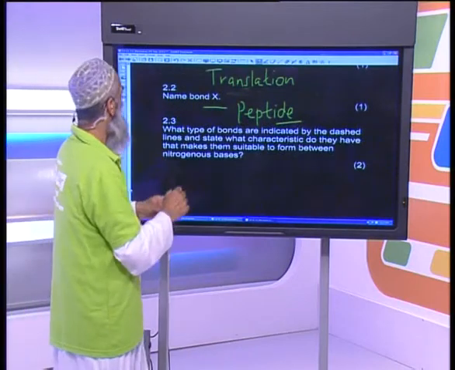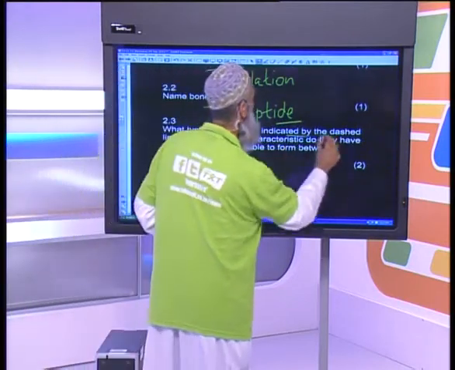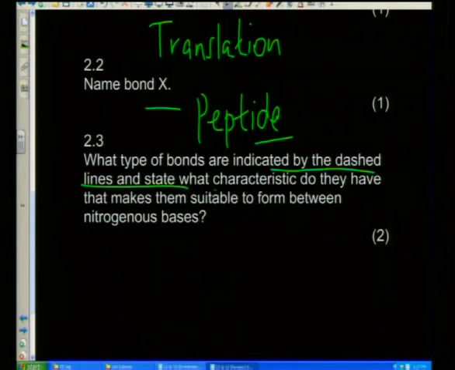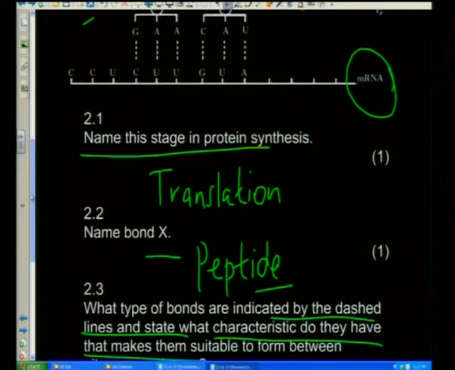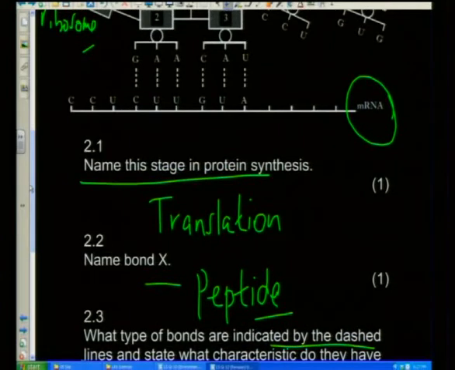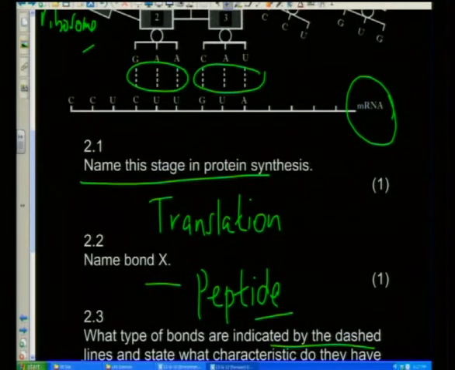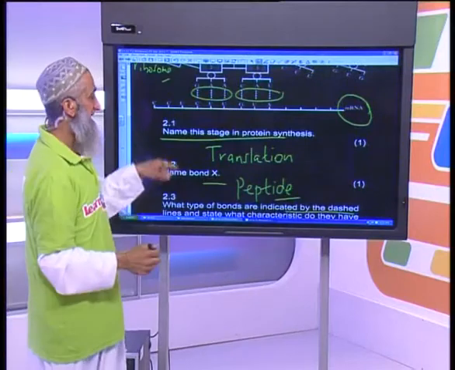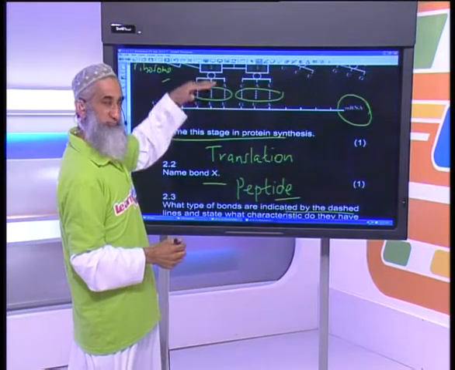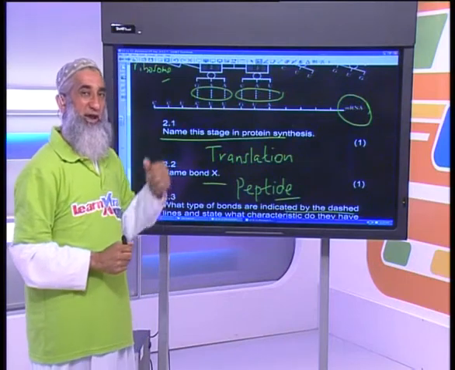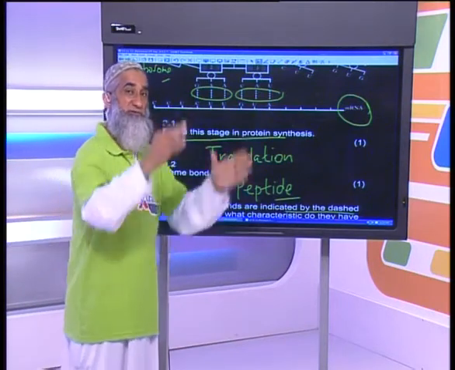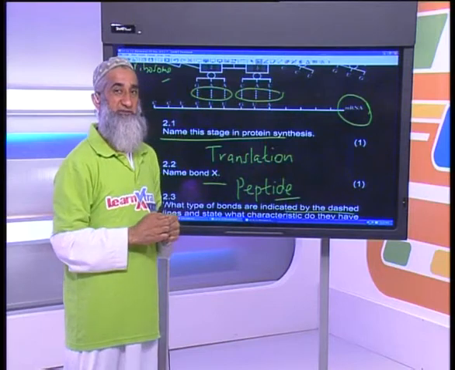What type of bonds are indicated by the dashed lines, and what characteristic do they have that makes them suitable between the nitrogenous bases? Remember when I asked you just now, what are those bonds between two adjacent strands?